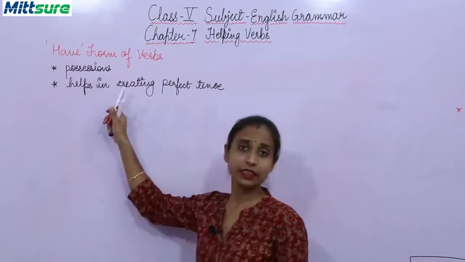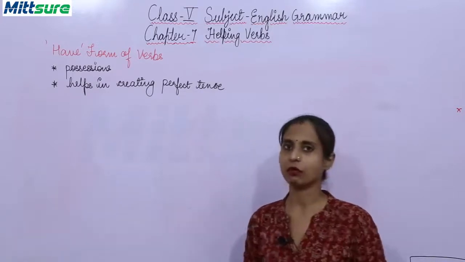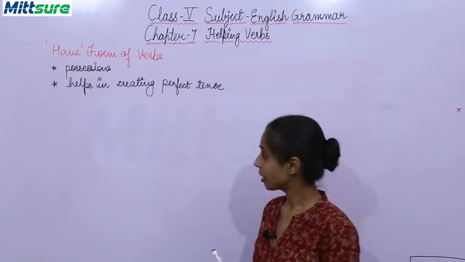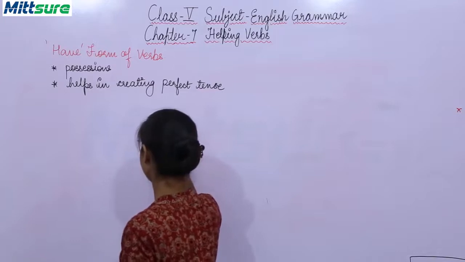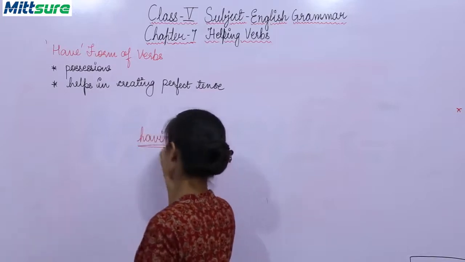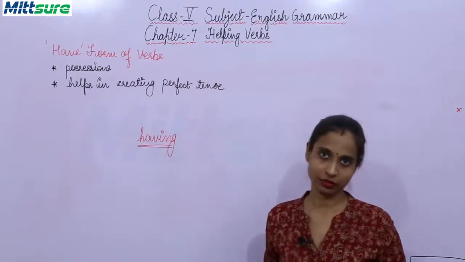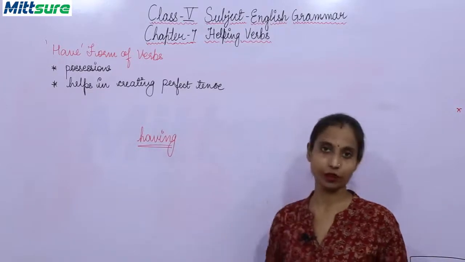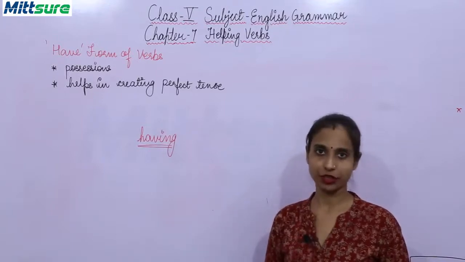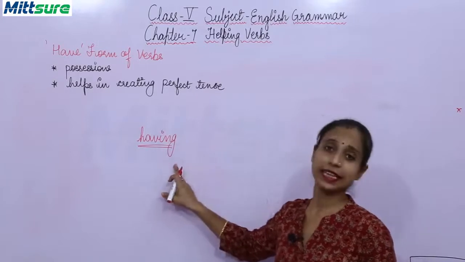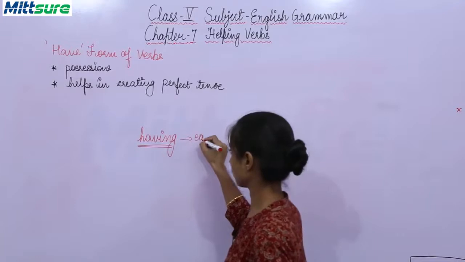After reading the use of has and have, one common thing I want to tell you: many children use the word having. Children, having has no connection with have forms of verbs. Very simple English I am telling you today. When you say having, that means you are eating something.